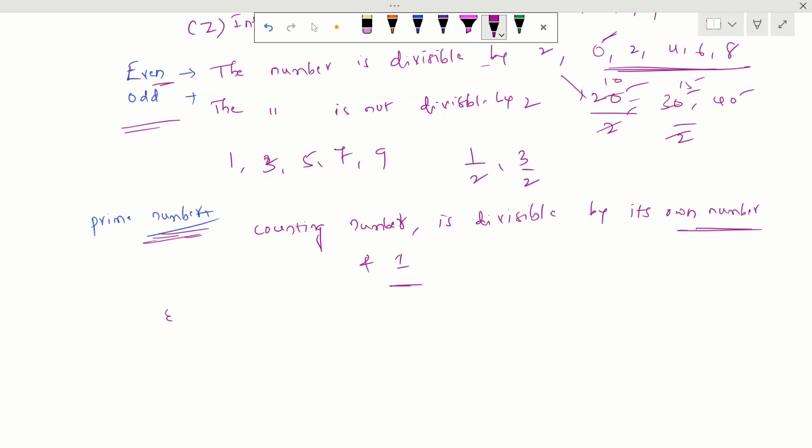So we'll see which are the prime numbers. Every number is divisible by 1, right? So 1 is not a prime number.